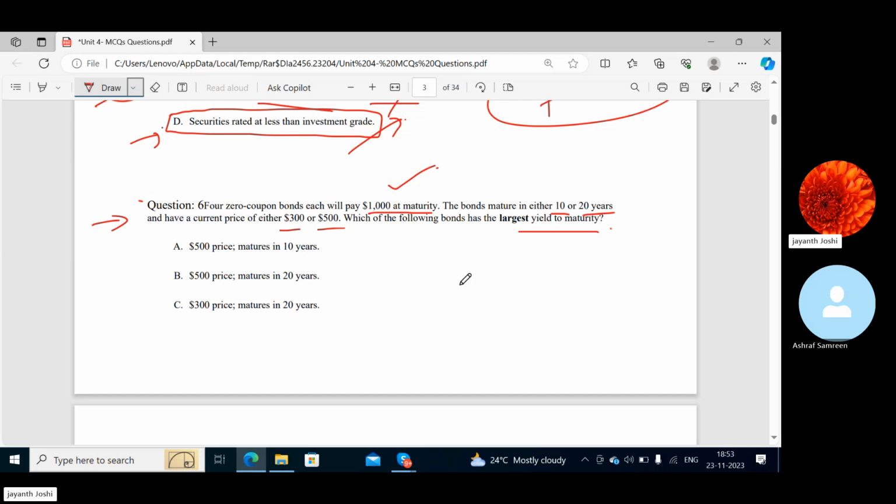Zero coupon bonds are bonds which never pay interest, but you get returns on them.